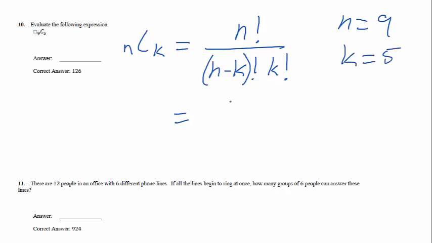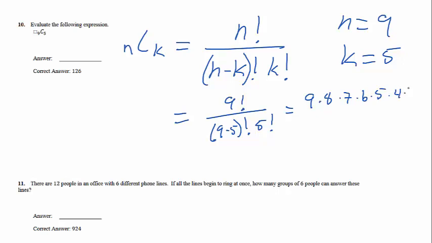And then we're just going to plug it in. So this is going to be 9 factorial over 9 minus 5 factorial. This is inside the parentheses, so we're going to do it first. 5 factorial, okay? So this is going to be 9 times 8 times 7 times 6 times 5 times 4 times 3 times 2 times 1 over 9 minus 5, which is equal to 4.